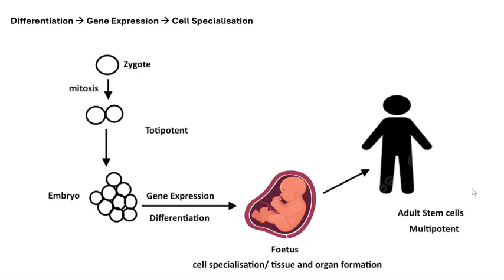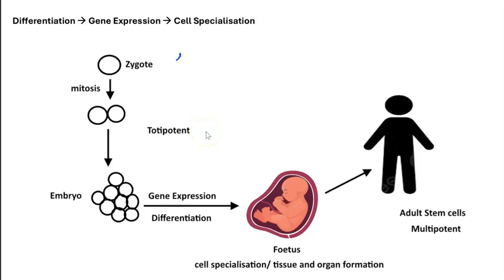So the idea begins with the zygote, the single cell produced through fertilization in sexual reproduction. And the zygote undergoes many rounds of cell division called mitosis. And this results in a multicellular structure called an embryo.